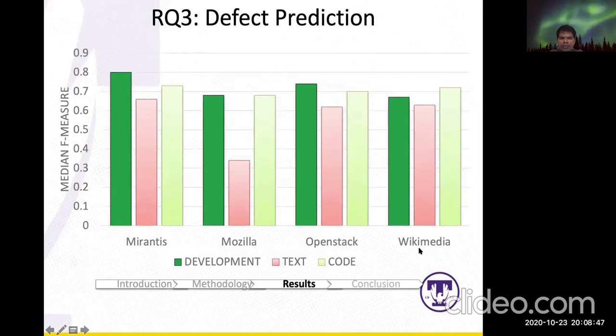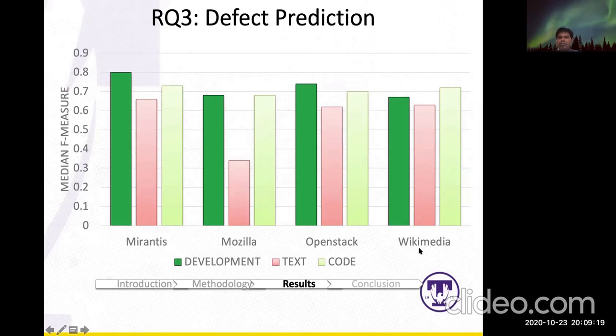And finally, for the F1 measure or F-score measure, we see that the defect prediction models constructed using development activity metrics is best for 2 data sets, comparable with another technique for 1 data set, and lower than our baselines for the Wikimedia data set.